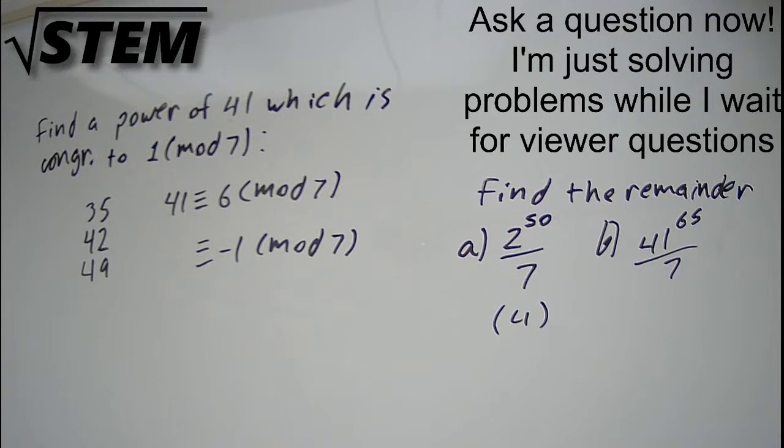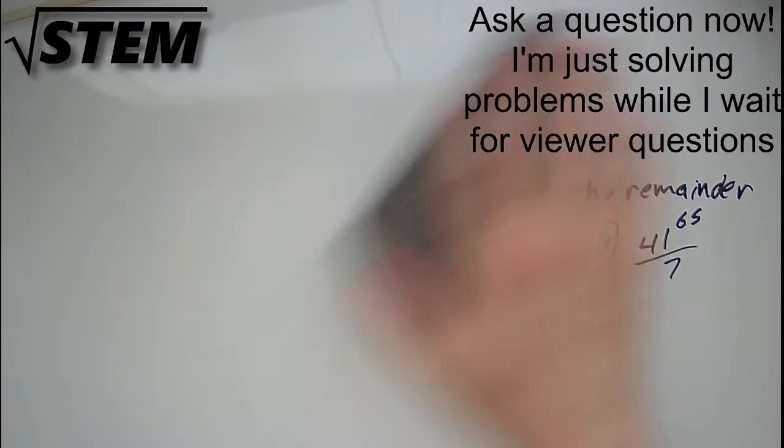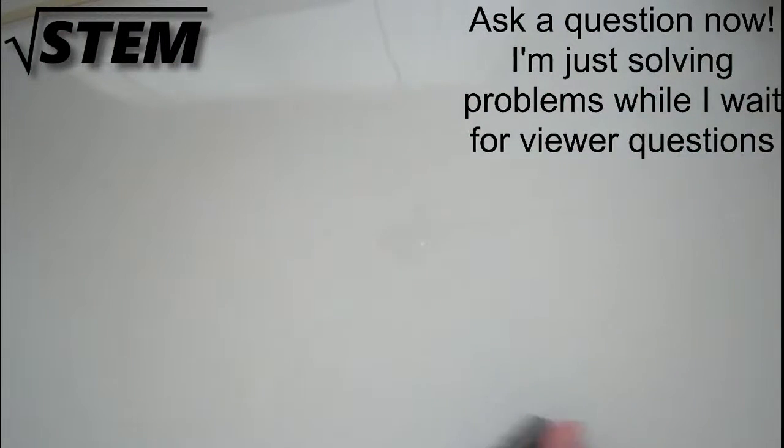I think we'll move on from this one. I got one of them. I'm happy with that. I haven't thought about this number theory stuff in a long time, so some of the details are eluding me.